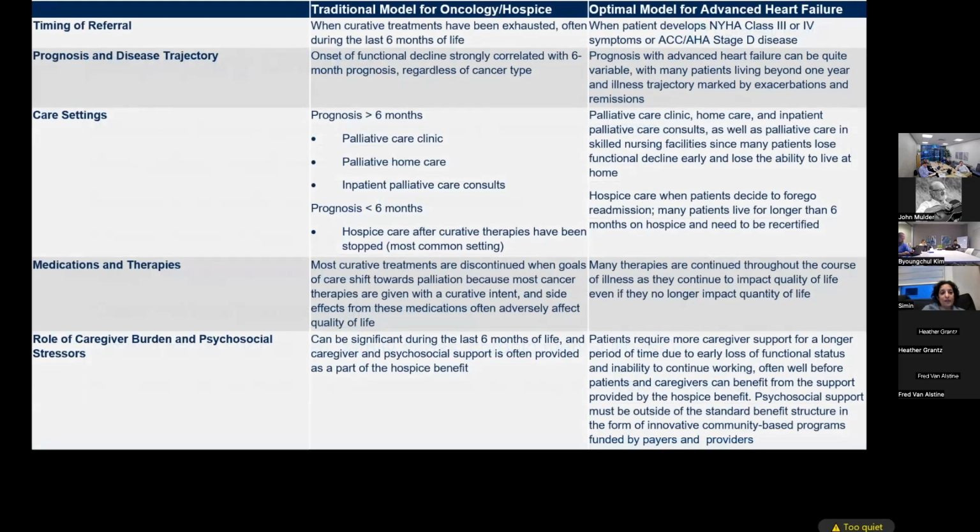So, looking at the comparison between palliative care and oncology, how different that is. Oncology tends to involve palliative care truly when the treatments are no longer working, and we don't expect patients to move up and down in terms of their disease trajectory. So patients might be in their last 6 months of life.